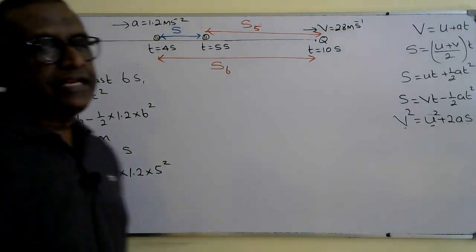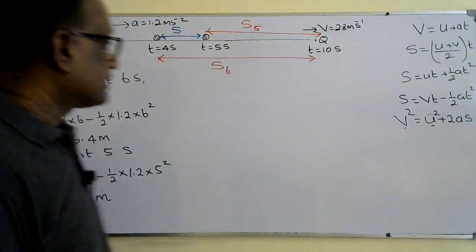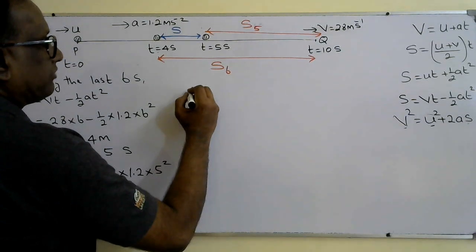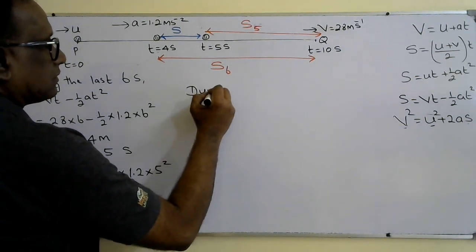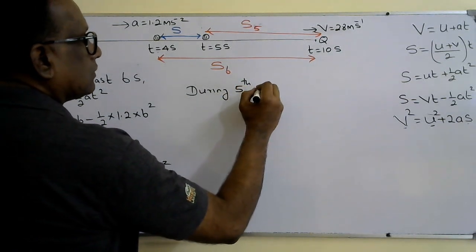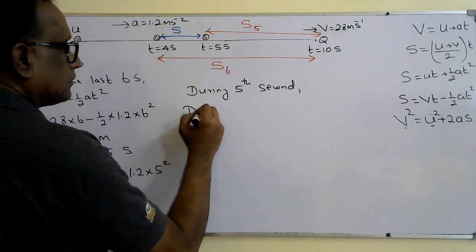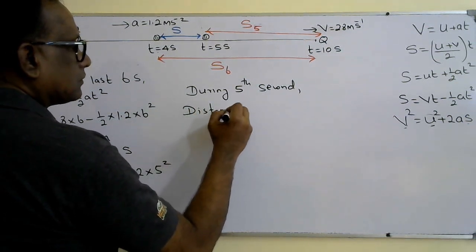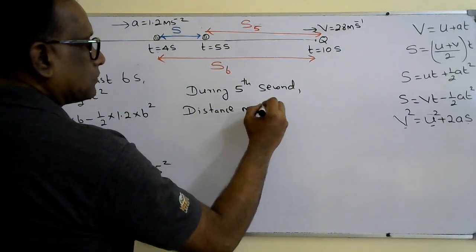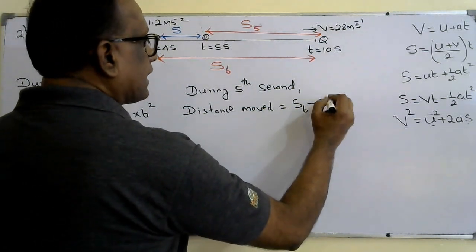Okay, so we need to find during the 5th second, or during 4 seconds to 5 seconds. So the distance traveled during the 5th second equals S6 minus S5.